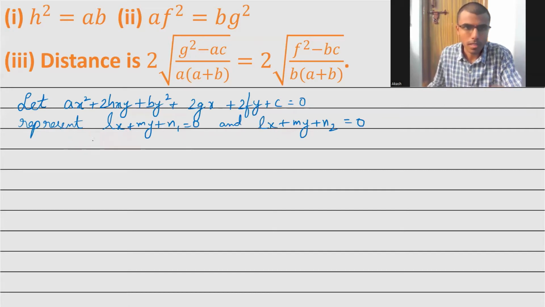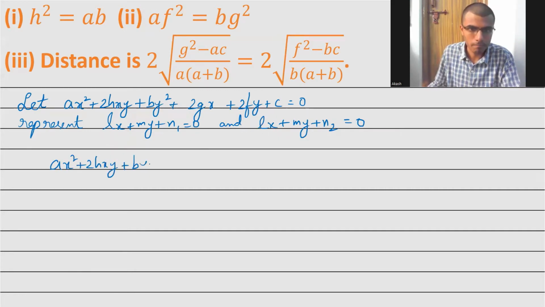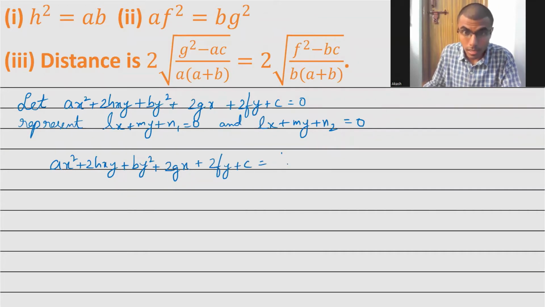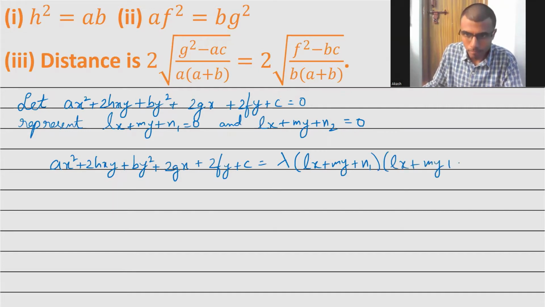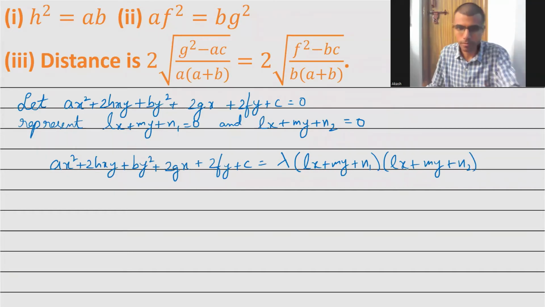Now, since this represents this equation, I can make sure that ax square plus 2hxy plus by square plus 2gx plus 2fy plus c is equal to 0 is nothing but lambda times lx plus my plus n1 into lx plus my plus n2.